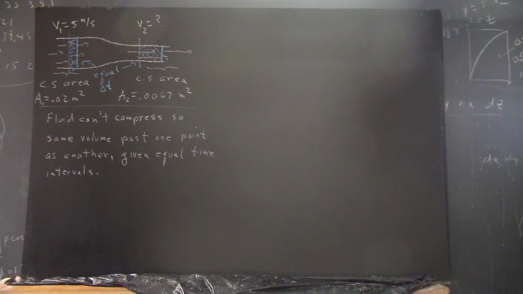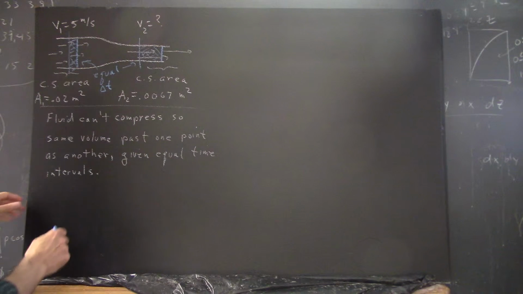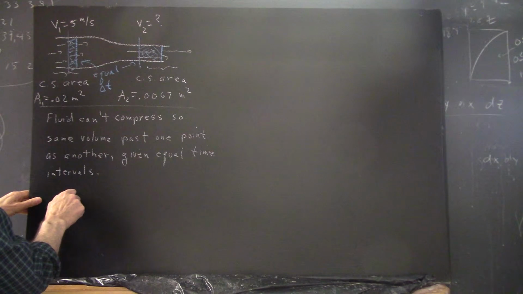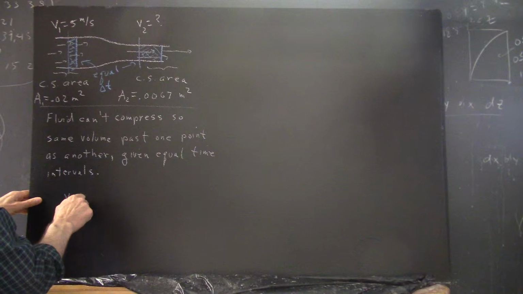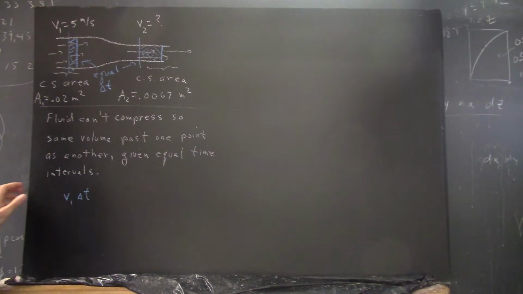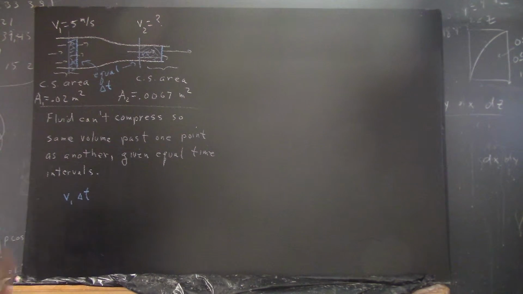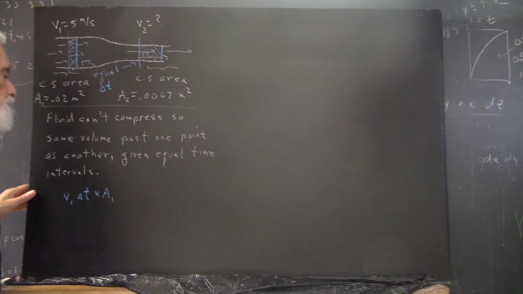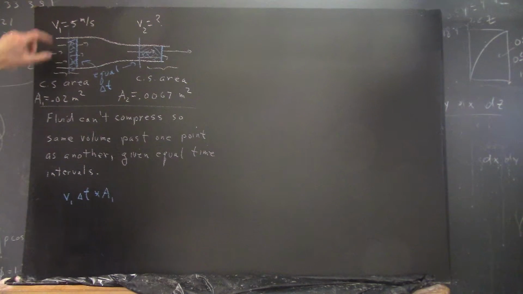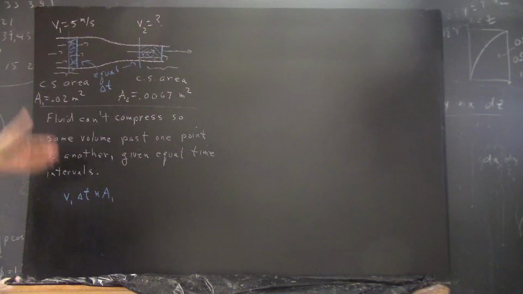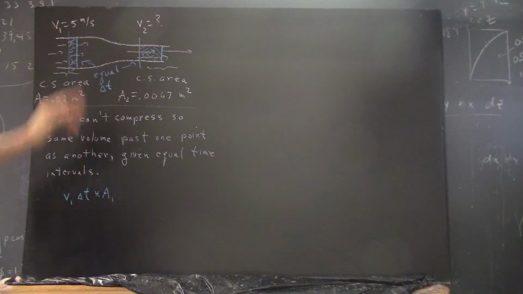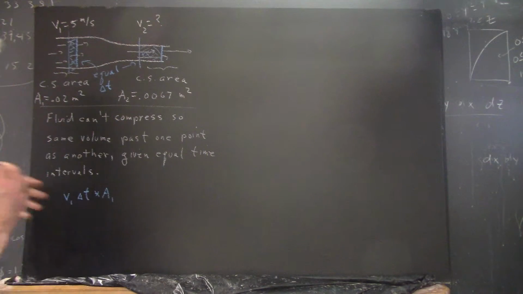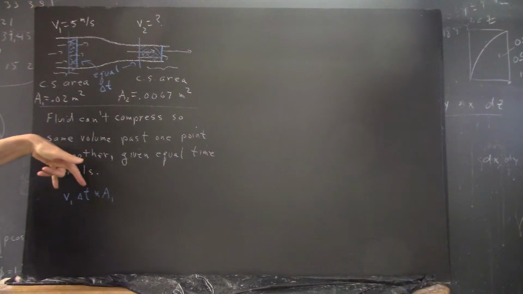Well, what that means then is that V1 delta t, which is how far the fluid travels here, multiplied by the cross-sectional area at this point, gives us the volume of fluid that passes this point in time delta t. And let's back up a second, because this is just using the principle.